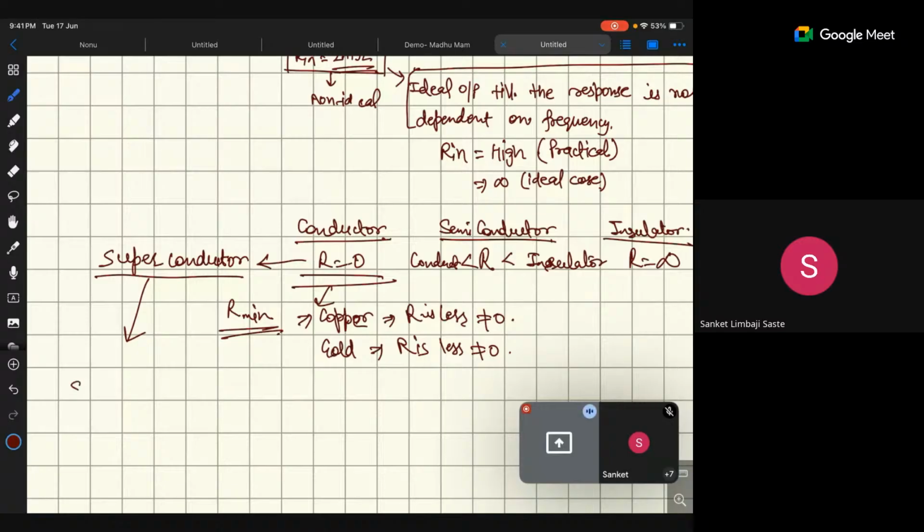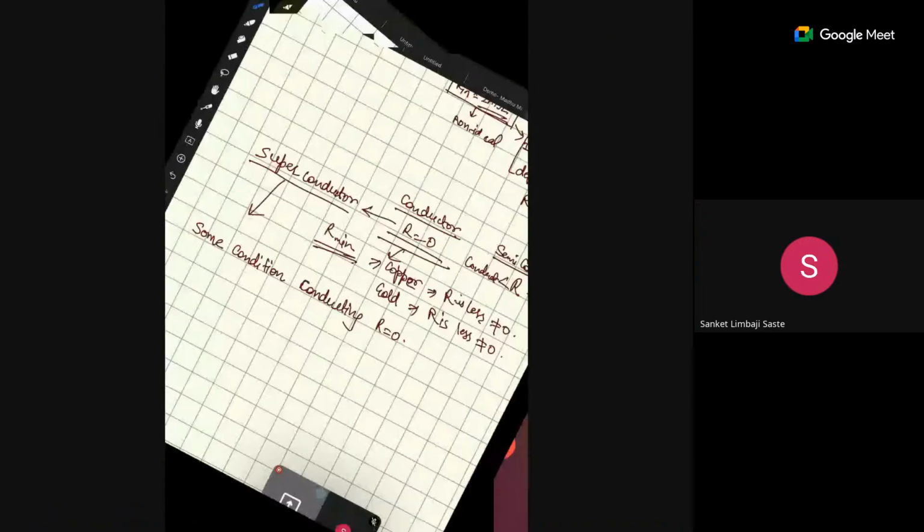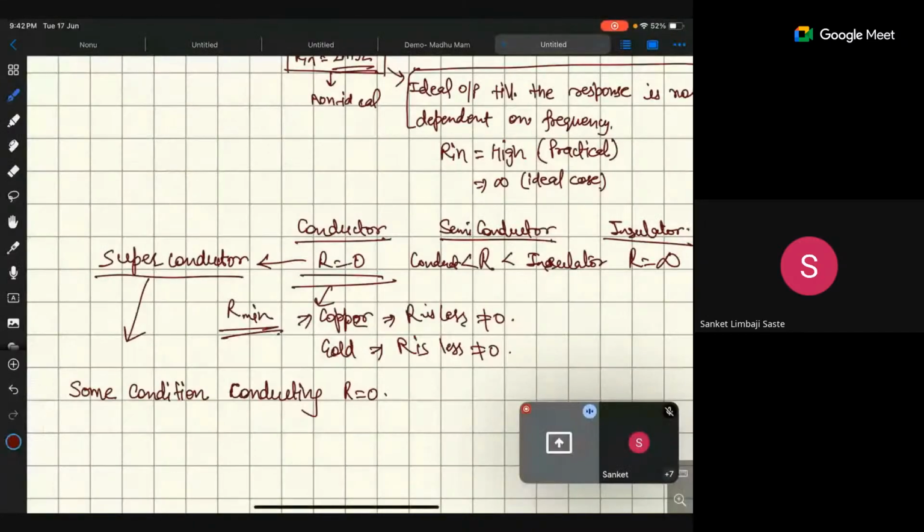In some conditions, the conducting material shows the property that resistance is 0, but only in some conditions, like maybe a pressure condition, maybe a temperature condition. Some materials show resistance 0 at a temperature of -40, -50 degrees centigrade. So that is the property of those materials.